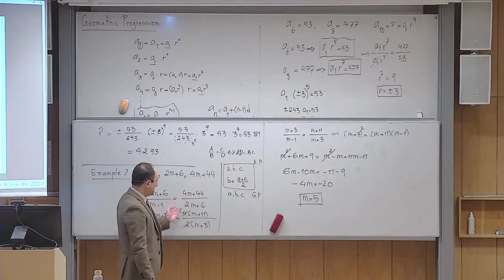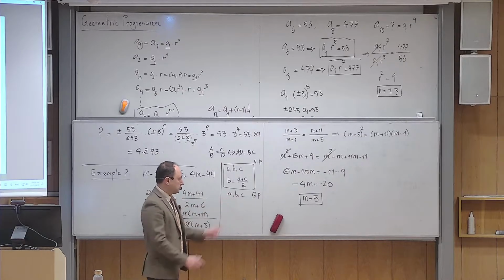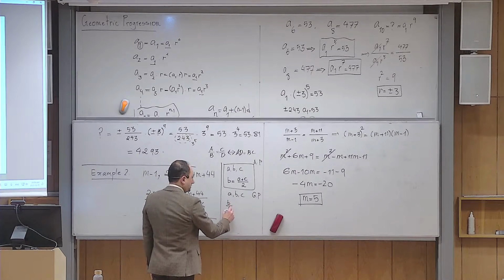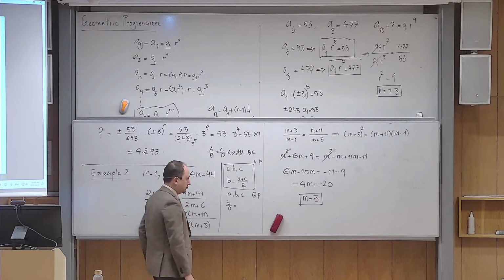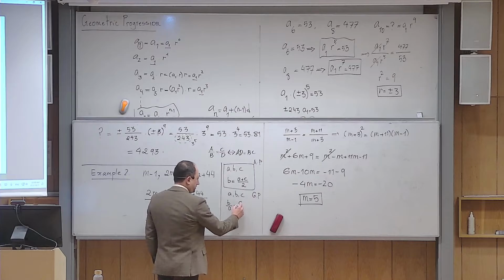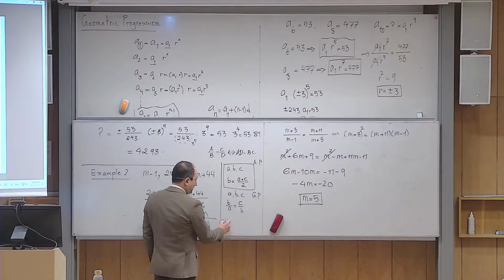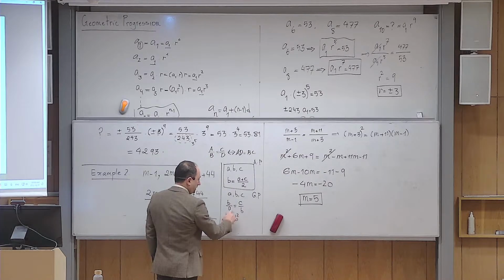Yeah, I got exactly the same thing, yes? B divided by A is equal to what? C divided by B. And then this means B times B is B squared, A times C is AC. Okay?